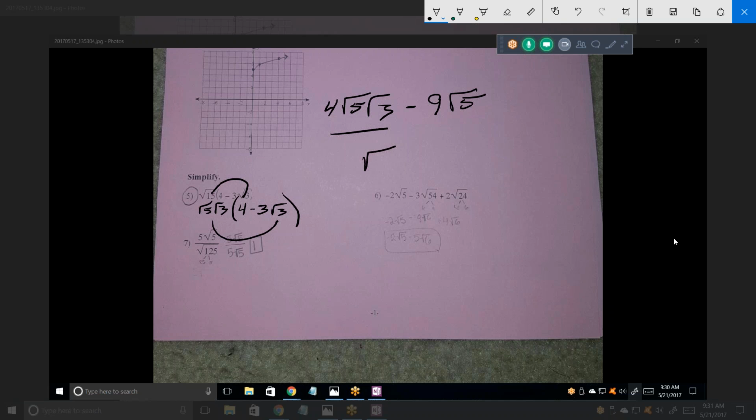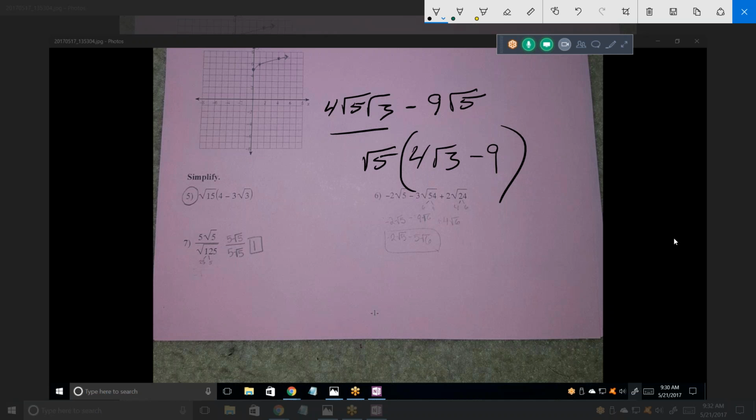I can take a root 5 out, leaving 4 root 3 minus 9. I don't know that that's necessarily simplified. I feel like I made a mistake here. The first time I looked at this, I thought we got down to a position where I had root 5s together, and then I could simplify them. And I guess this is that.